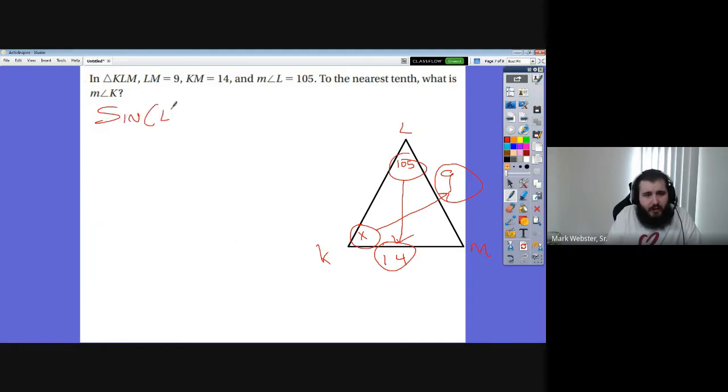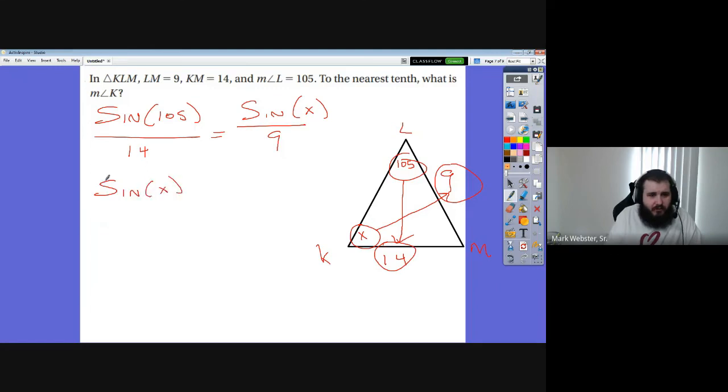Sine of L, well, what is L? It's 105, over side L, equals the sine of angle K, which we labeled X, over side K, which is 9. And then we're just going to cross multiply like we did.